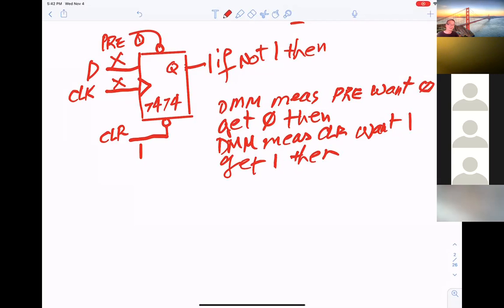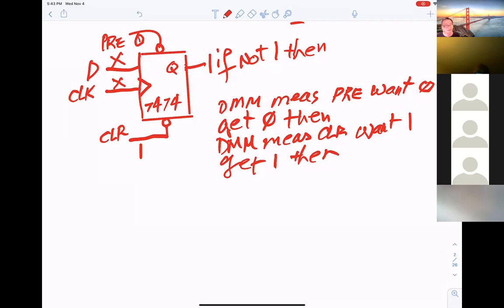Perfect. Now, how come you did not measure input D? You don't care. That's why when you enter, I want you to enter don't care. Don't care means it can be either 0 or 1.